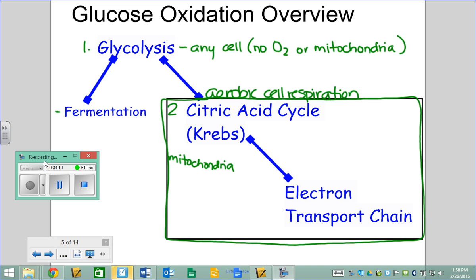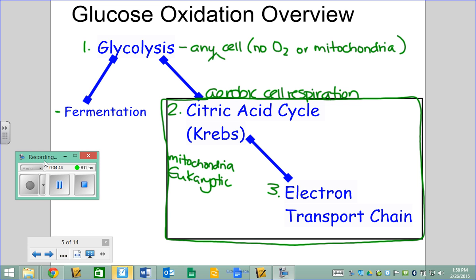Part 2, the citric acid or the Krebs cycle, and part 3, the electron transport chain, happen inside the mitochondria. And so the only types of cells that can perform aerobic cellular respiration this way have to have a mitochondria. So that means eukaryotic cells only could go in this box.